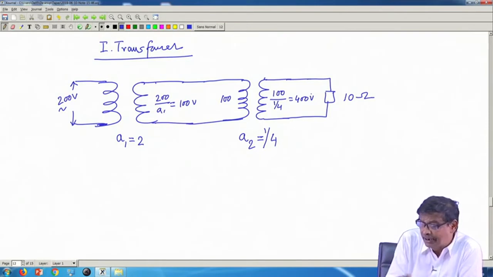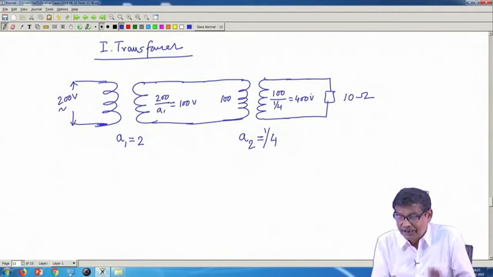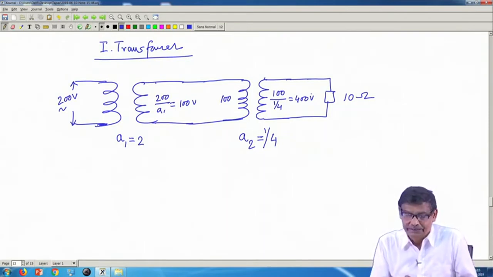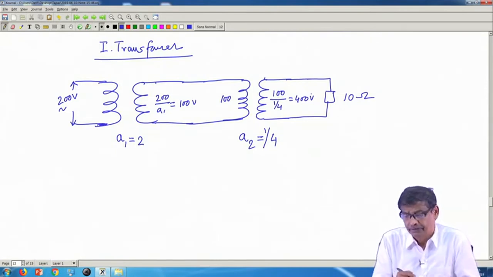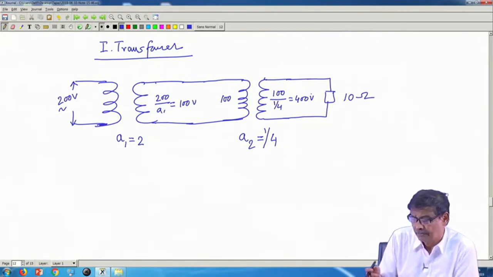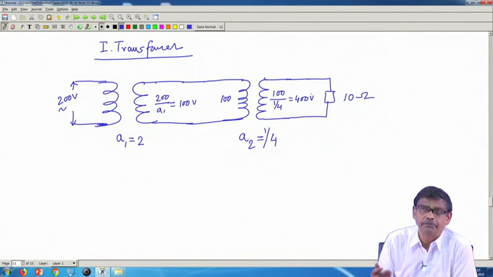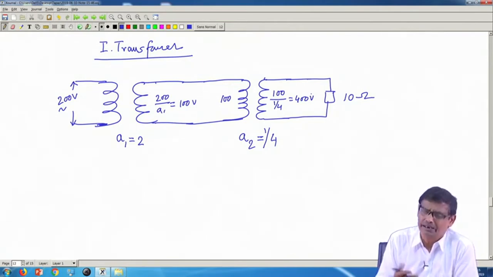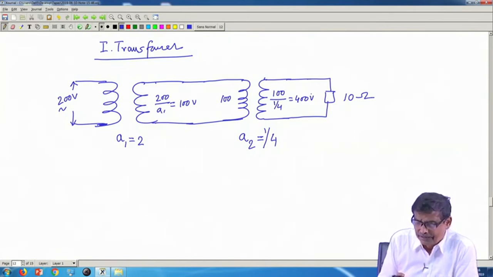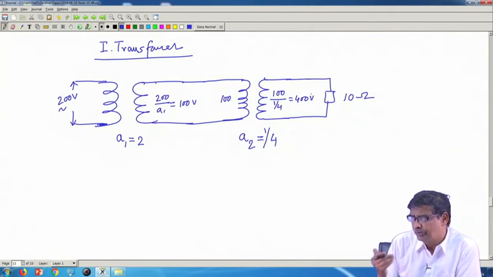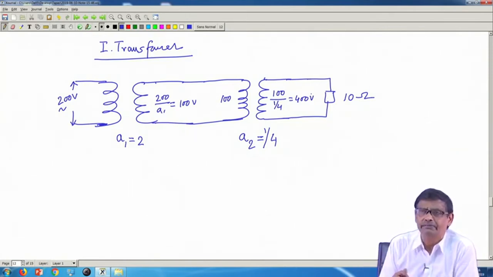But what I am trying to tell is that you can see the nicety of analyzing circuits involving transformers. It is so easy. In the first place, for an actual transformer, there will be an equivalent circuit which will be slightly complicated. But even if you assume it to be ideal, you will be getting results very close to the correct values.